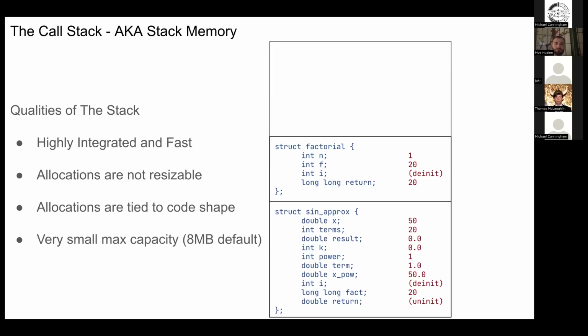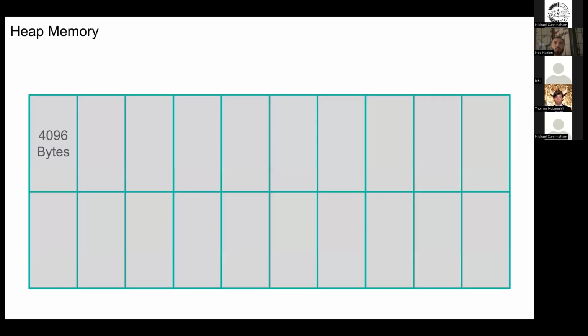Okay, good. So now we're going to talk about the other kind of memory. This is the much more flexible kind of memory. This is the heap. The heap is given to us essentially as this huge array of bytes. I believe it's something like 126 terabytes of heap memory. And it's split into these big blocks, called pages, of 4 kilobytes each.